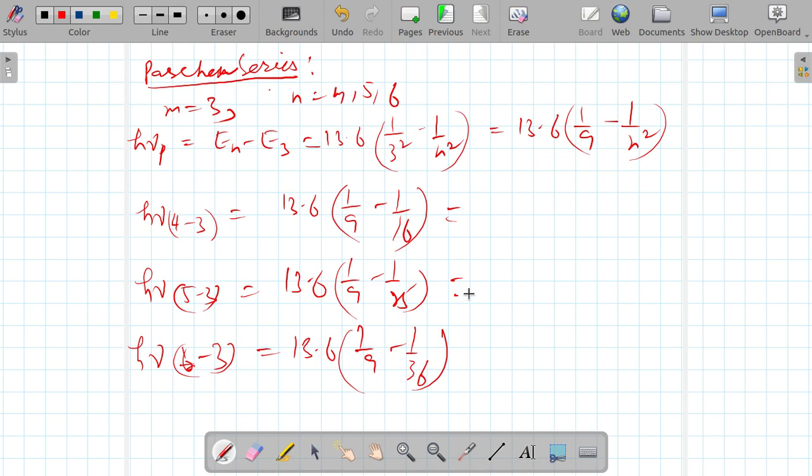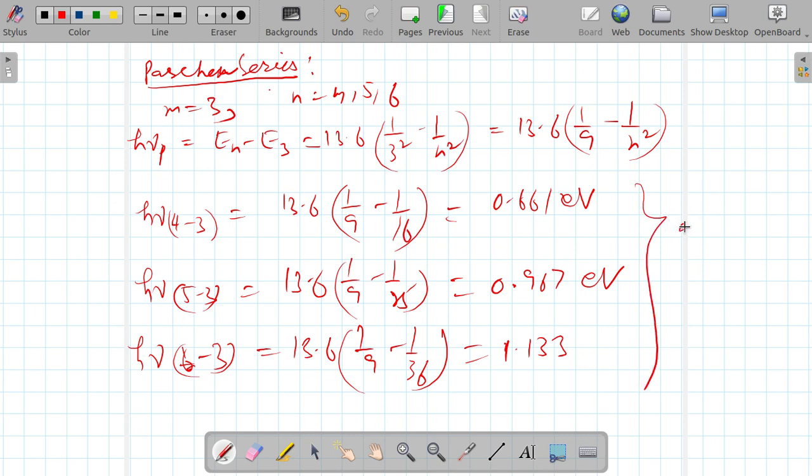After calculation these come out to be 0.661 electron volt, 0.967 electron volt, and 1.133 electron volt, and all these are lying in the infrared region.